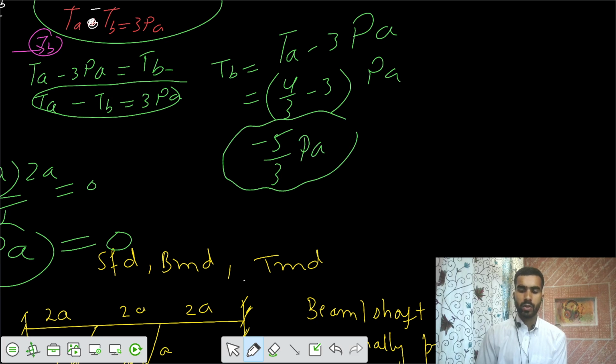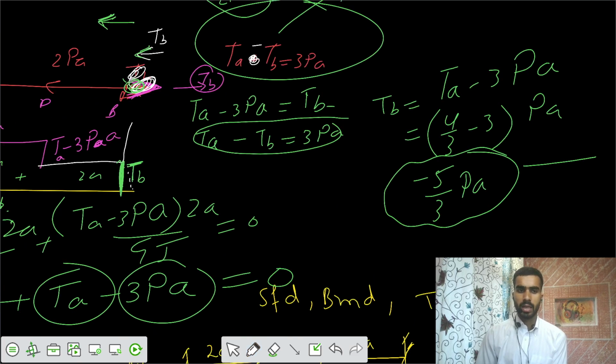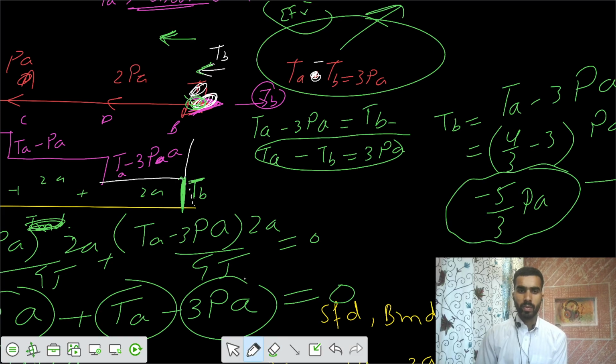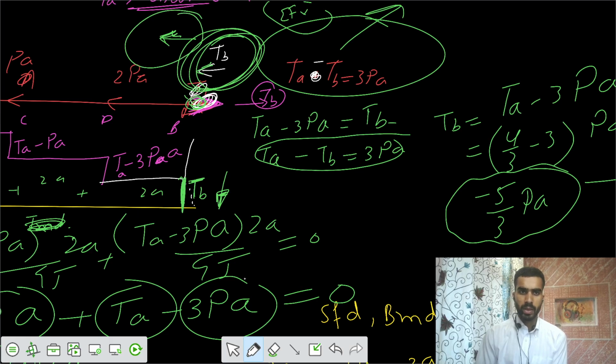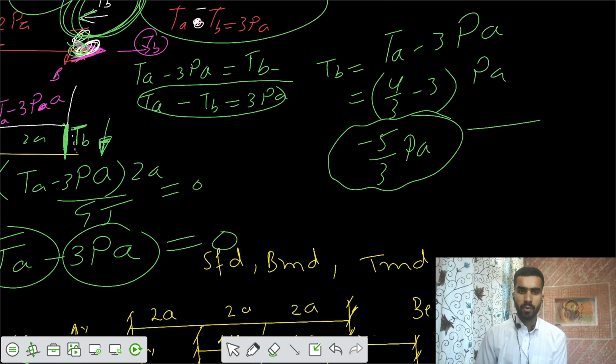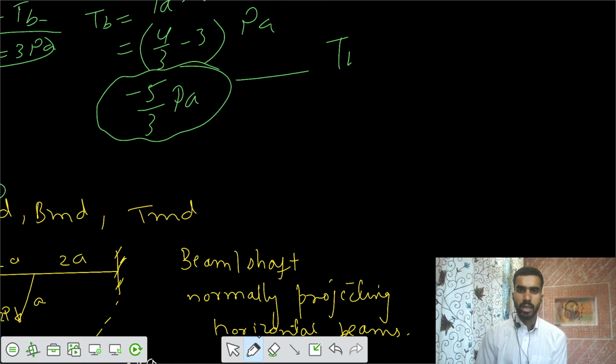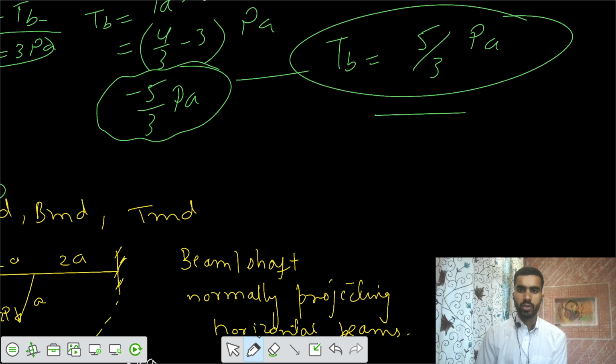The direction we assumed for TB was this direction, because there should be a decrease of TB downwards. But you got a negative value. That means TB should be positive 5 by 3 PA, so the direction should be the same direction as that of TA.